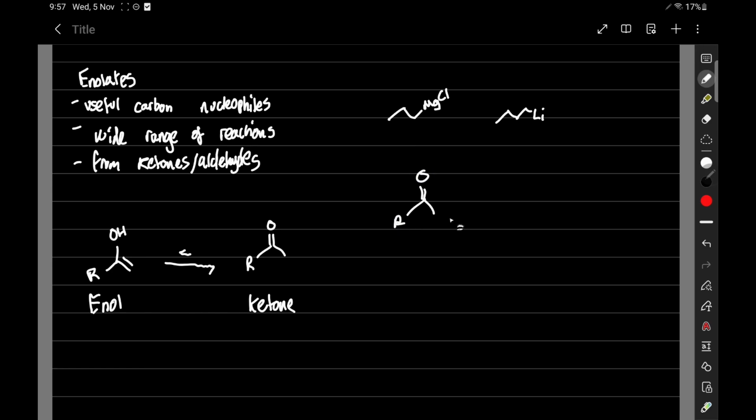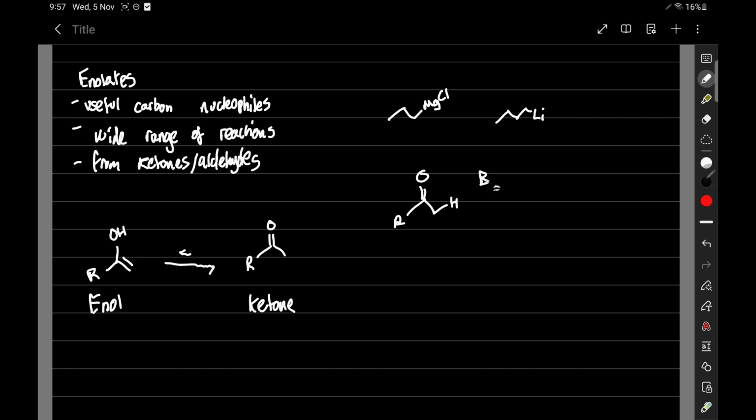So if I take my ketone, this alpha proton here, these alpha protons are actually acidic. And the reason why they're acidic is due to resonance forms, which we'll see in a second. But it can be stabilized.